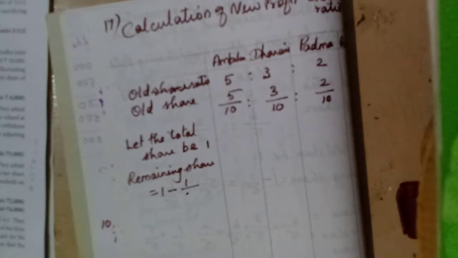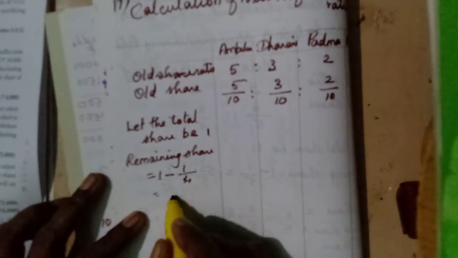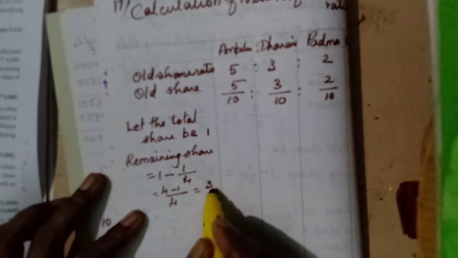Simplify this one, 1 by 4. So 1 by 4 share, that is only 25% they have given. So 1 minus 1 by 4. Calculate the LCM, 4. Here 4 minus 1, so 3 by 4 is the remaining share.